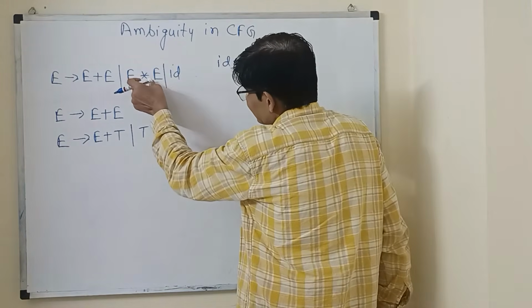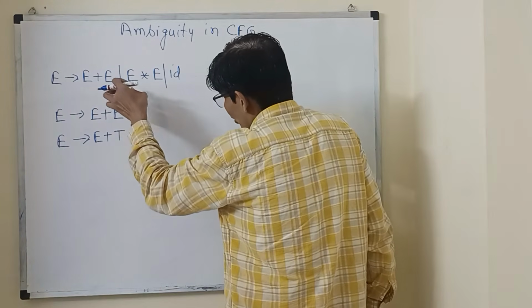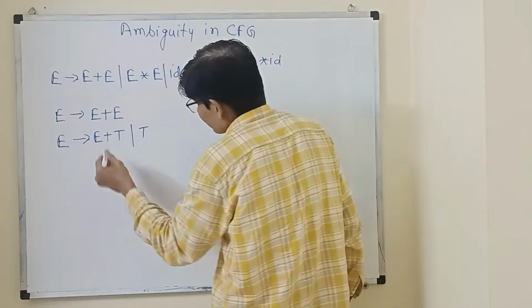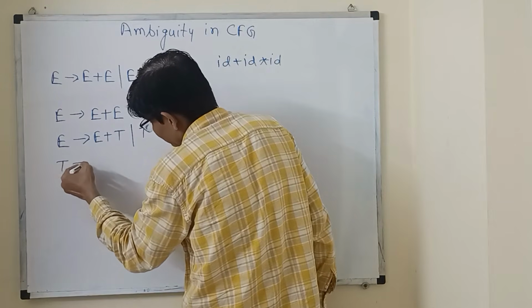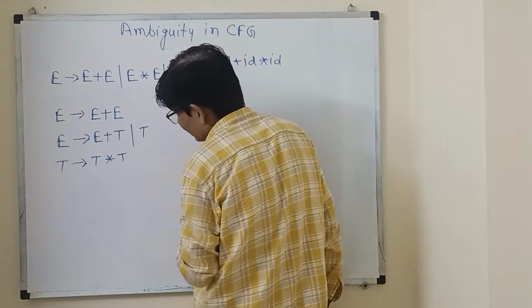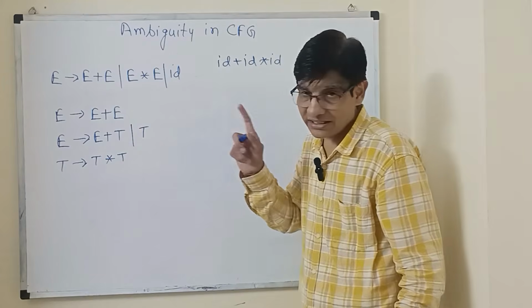Now we consider this particular production. As we have already replaced this E with a T, I can write this production as T gives T cross T.